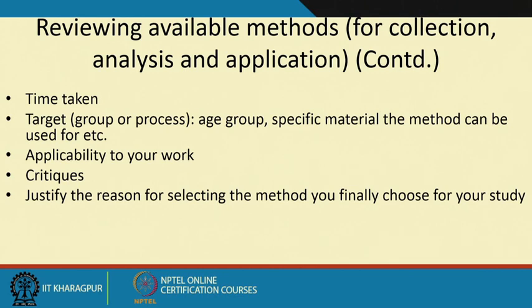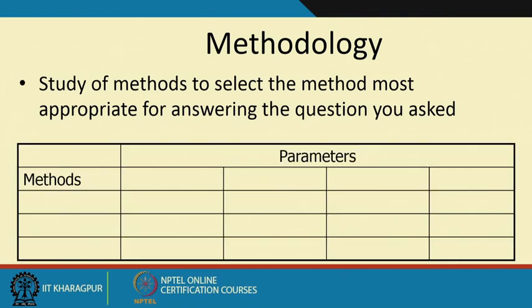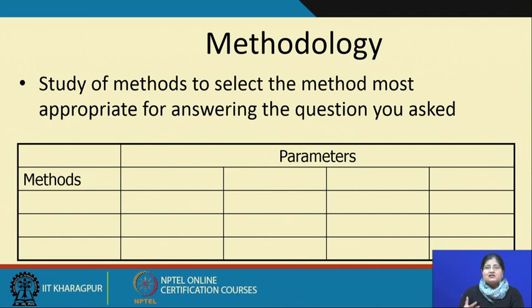And let me show you a tool that I use for this purpose for my studies. Okay, this is what I like to do. Now this is called an infographic. This is a table. What you do is you select different methods based on the reviews that you have, and when you conduct a thorough study of the methods available to you, you will find that at the end of that study you'll be able to shortlist about 8 or 10 or 12 different methods that seem most appropriate to answer the question you have asked.